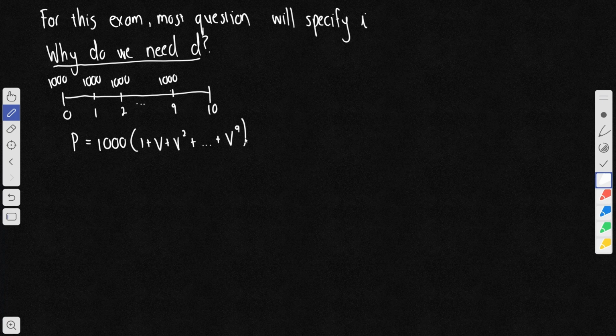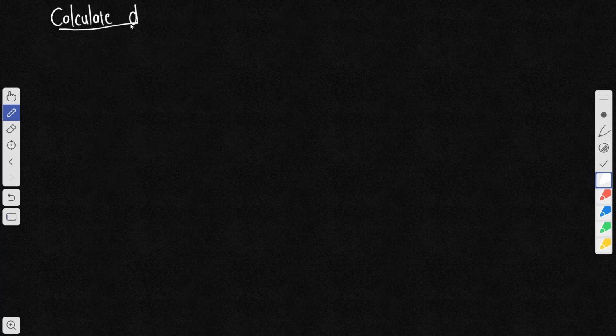For now, all you need to know is that many of these formulas will depend on the discount factor. So to use these formulas, we need to calculate the equivalent discount rate for a given interest rate. The algebra is fairly straightforward.